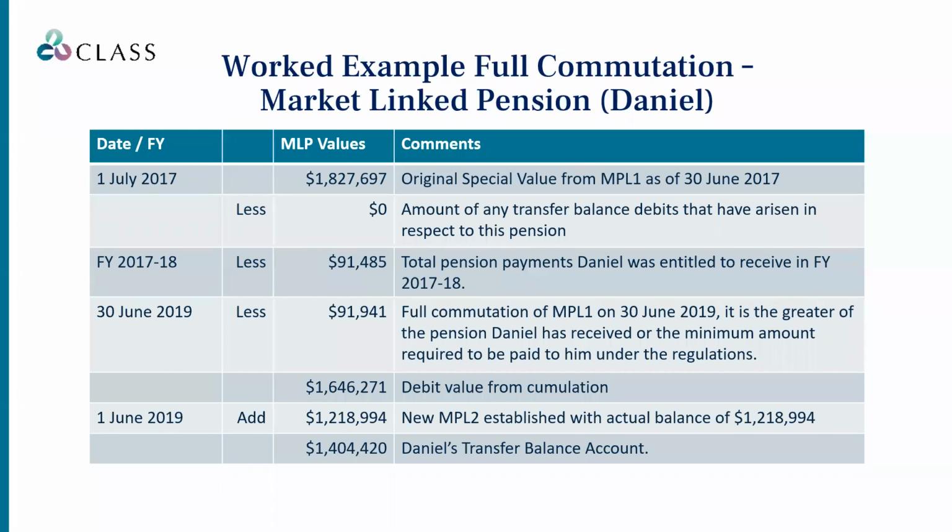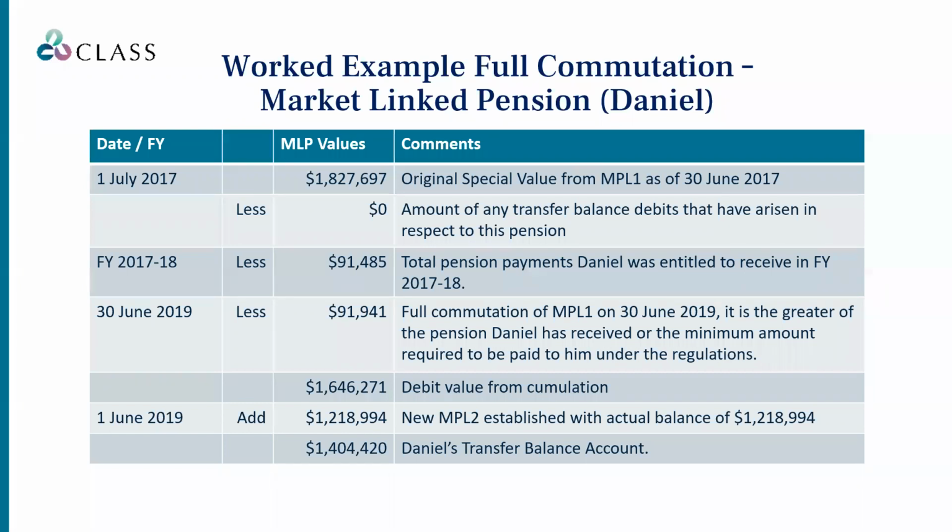Daniel has market-linked pensions on 1st July 2017 with a special value of 1.8 million thereabouts. There are no other subsequent debits arisen since that day. In the 2017-18 financial year, it made a pension payment of 91,000, as required. Then it does a full commutation on 30 June 2019.